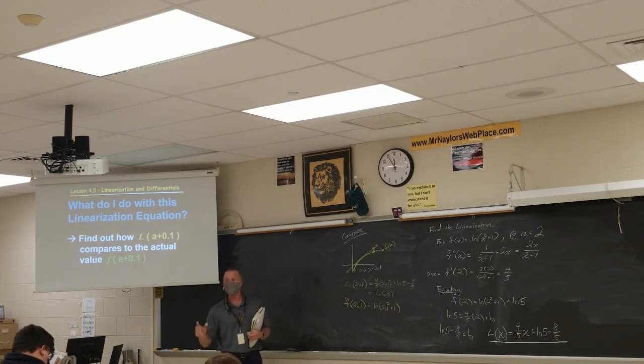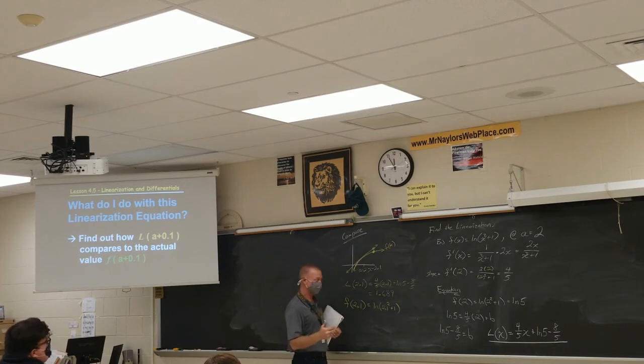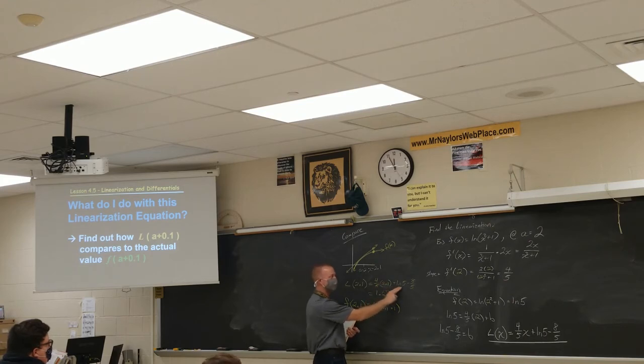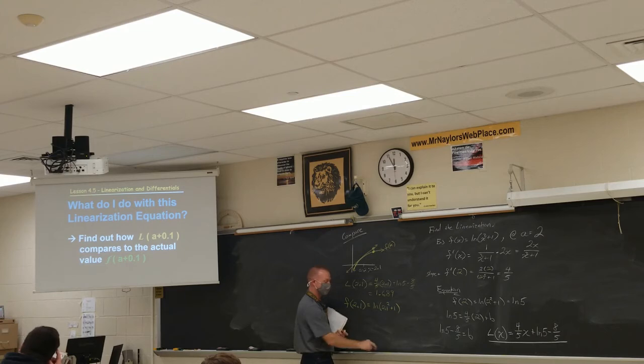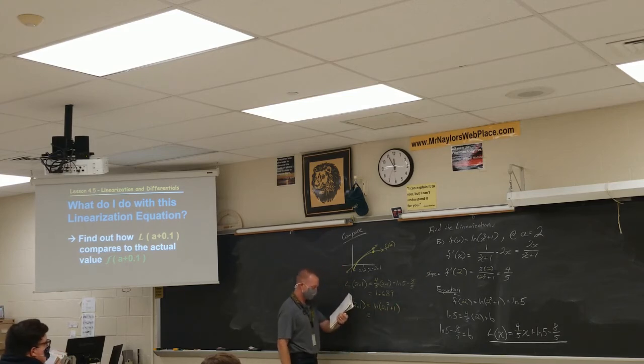Now, when the fathers of calculus, like Newton and Leibniz, and you'll learn about them a little bit, would have had to compute this, they didn't have a calculator. And I'm not even really sure how they did it. They probably had charts and tables. But the point is that this is a lot harder to calculate than what we did up here, even though I realize that also had a log in it. But that's kind of the theory anyway. But we have a calculator, and you would punch it in. I'll tell you the number.